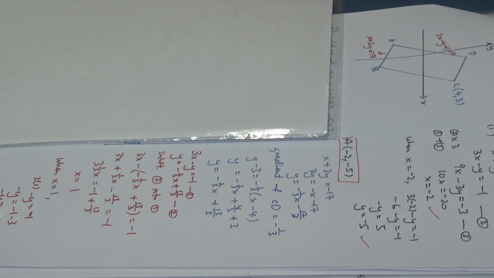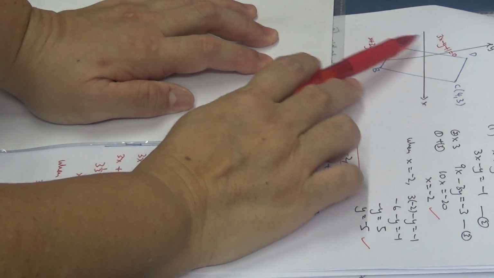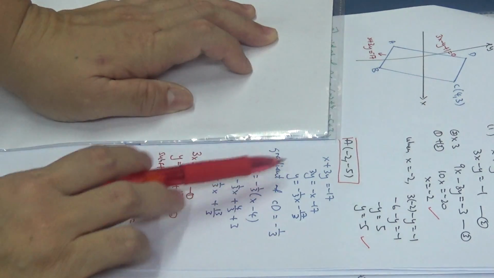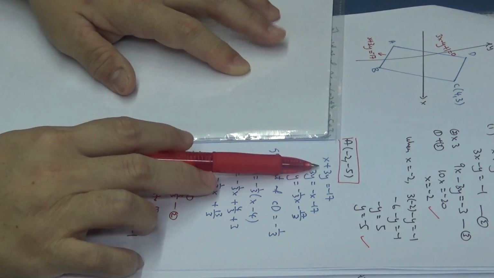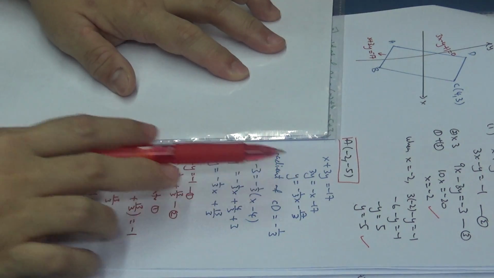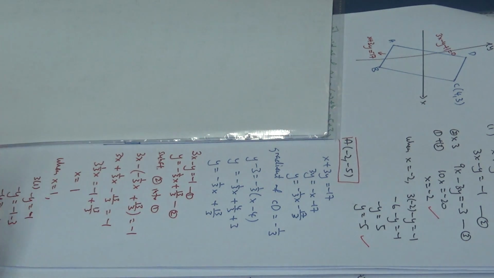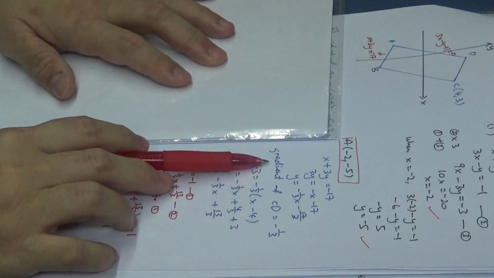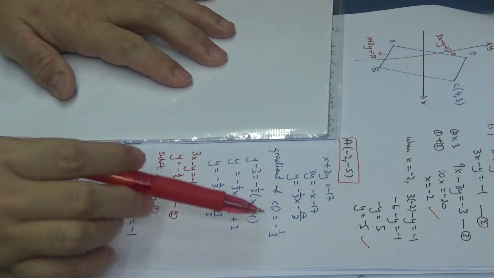Let me just show you the diagram first. D is at the intersection of this line and this line. Therefore, I have to find the equation for CD. I know this is the equation for AB, and AB is parallel to CD, therefore they have the same gradient. So I write it in y equals mx plus c, so the gradient of CD is negative 1/3.